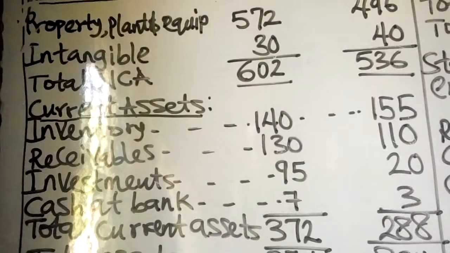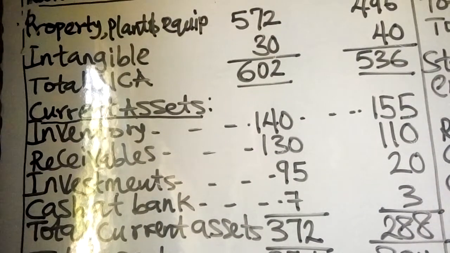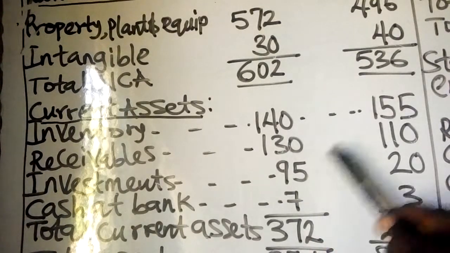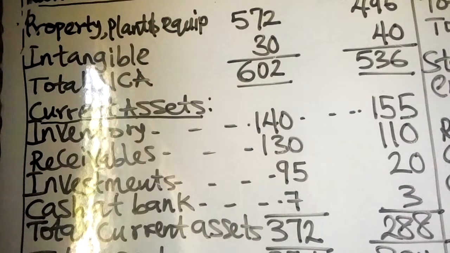Then we have current assets. We have inventory 140 and 155. Receivables 130 and 110. We have investments 95 for 20x7 and 20 for 20x6. We have cash at bank. We have 7 for 20x7 and 3 for 20x6.